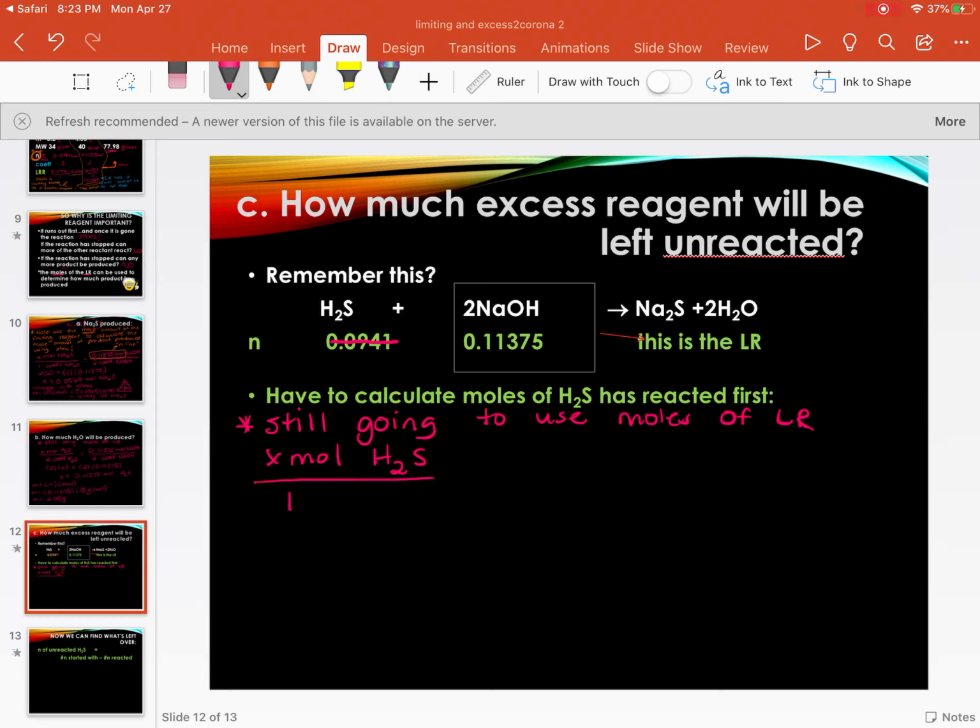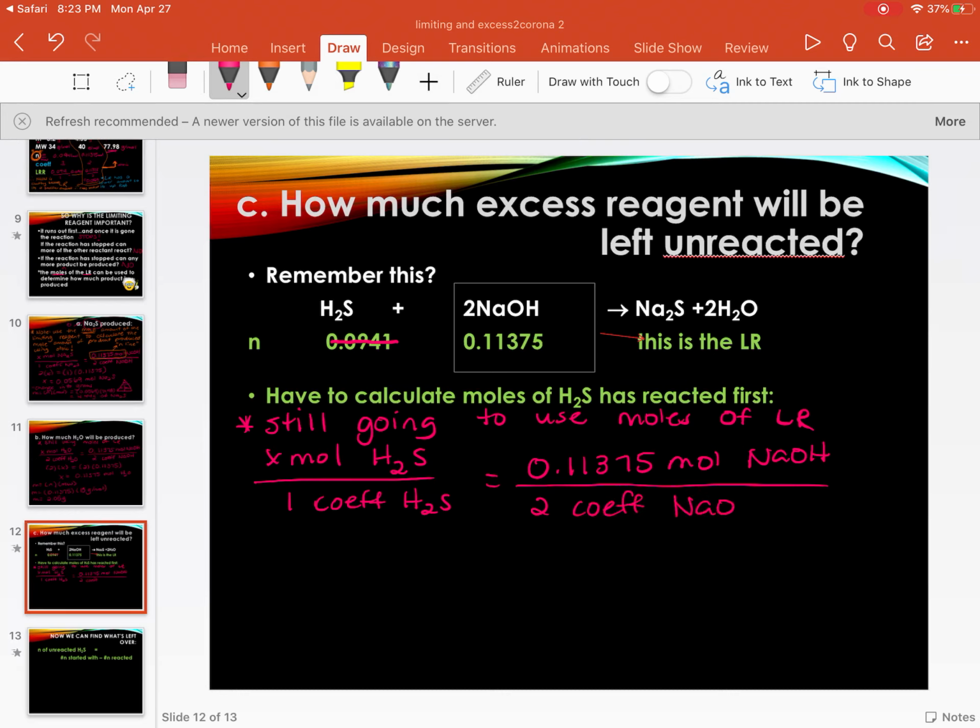Its coefficient was 1. So all of our stoichiometric ratios had on the right-hand side the value we know, the given value, which was the limiting reagent. It's so important. It limits how much reaction can occur all across the board.